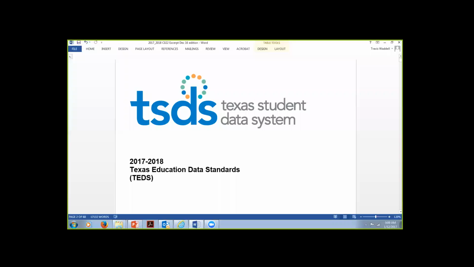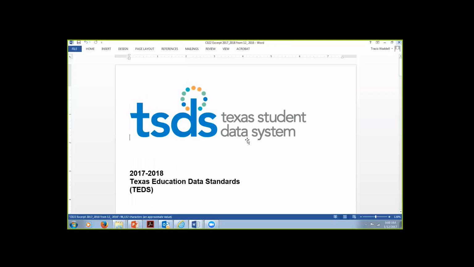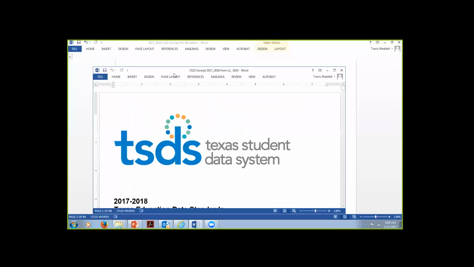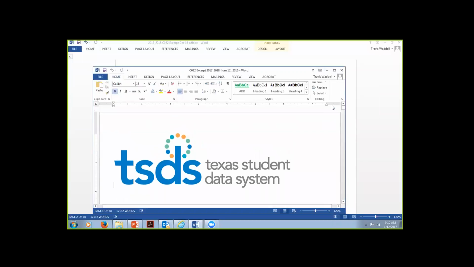Here we go. So here's our CO22 that we'll be using for planning for next year. When we're working with the CO22, I love to use the find function.